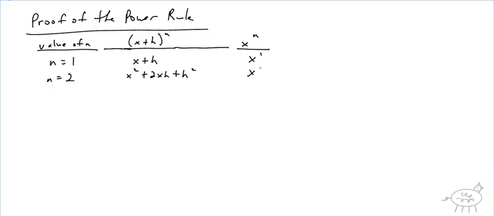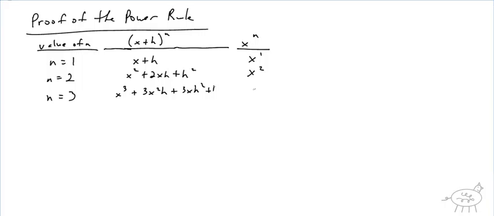And then x to the n is just x squared. We're going to do it for 4 of these, so bear with me. N equals 3, we get x cubed plus 3x squared h plus 3xh squared plus h cubed. It's going to be third power.